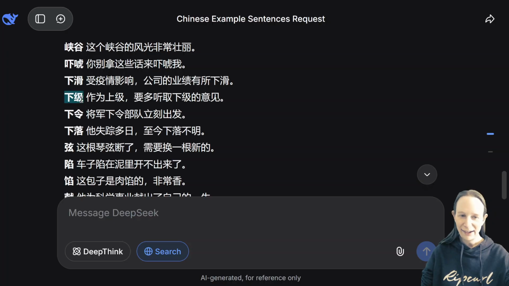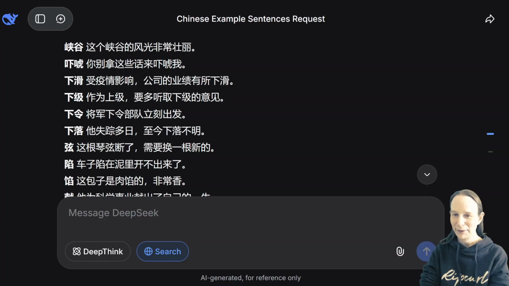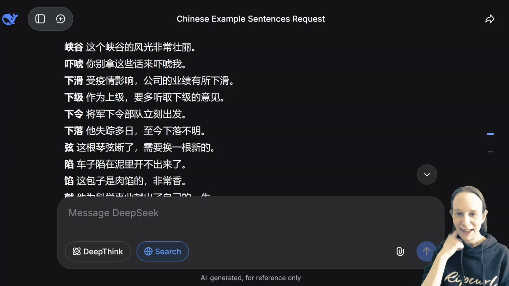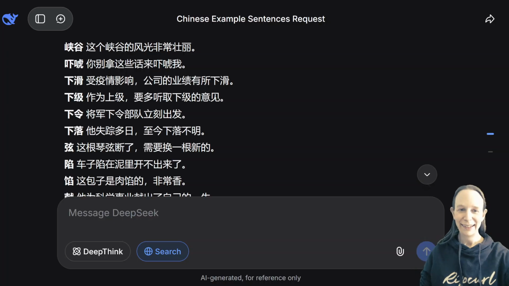下级, yeah, you're 下级 and 上级, right? So your superiors with respect to credentials or rank, and 下级 is your underlings or subordinates. 作为上级，要多听取下级的意见. Oh, okay.